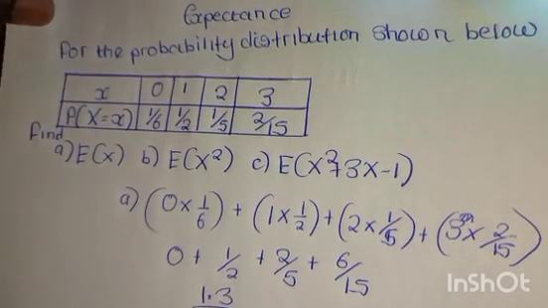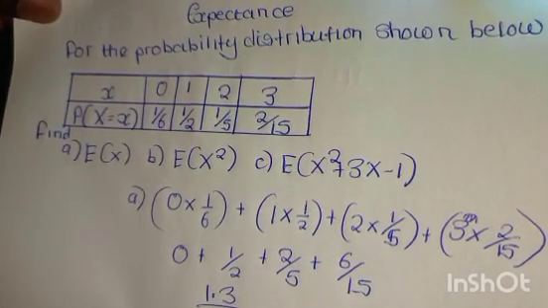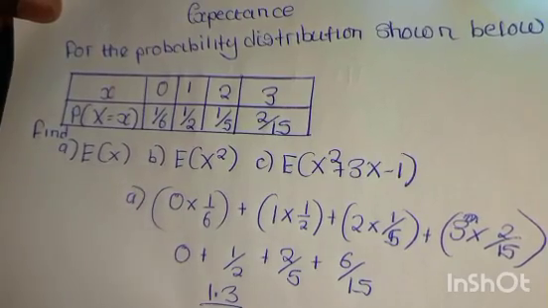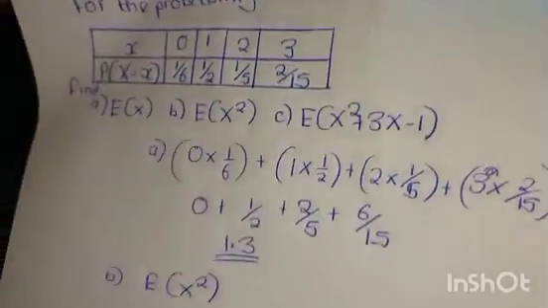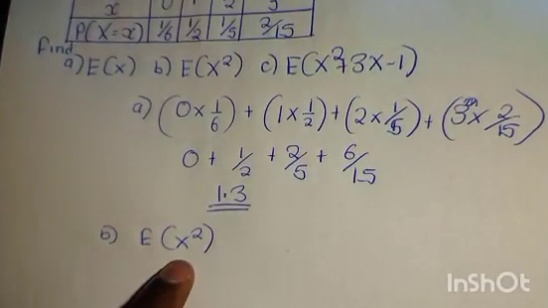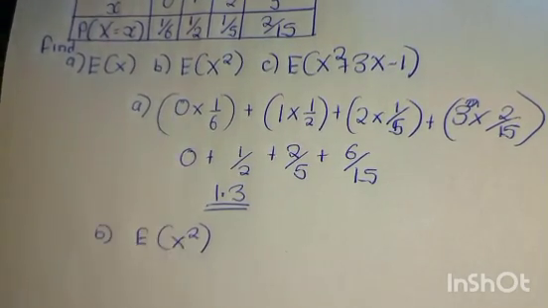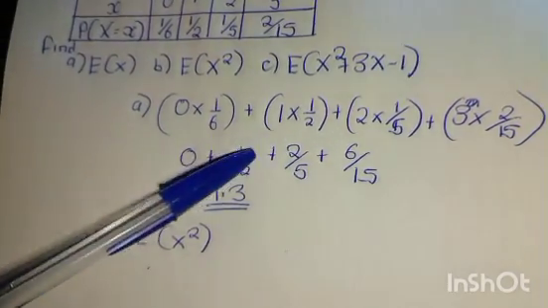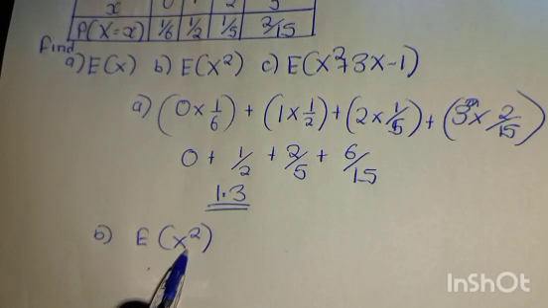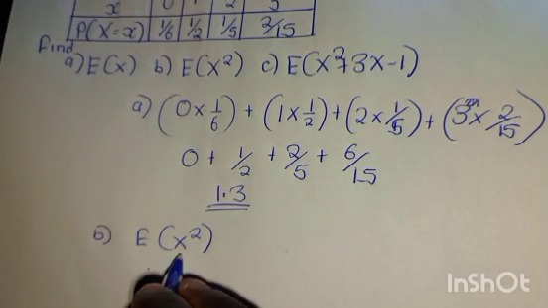Then we have the second question, which is to find the expectation of x squared. In this case, you are squaring the value for x. So this 0 is being squared. What we do is just the same, but we are squaring the x.